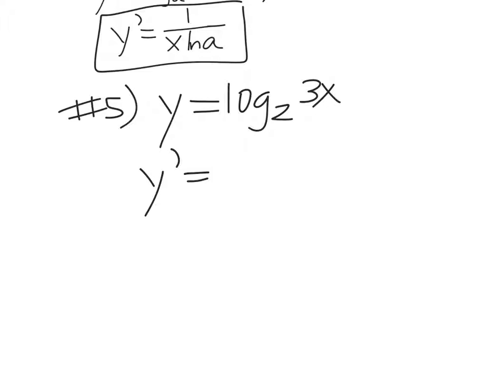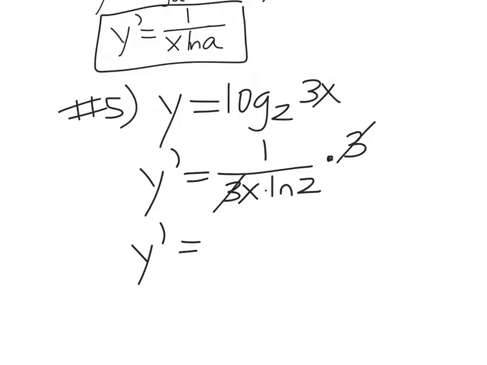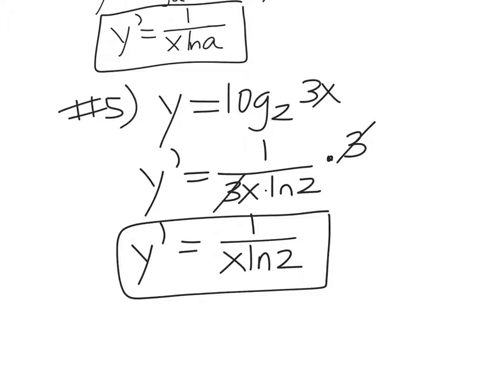So you would do 1 over 3x times the natural log of 2, and then times the derivative of the inner function, which would be 3. Then simplify. I've got a 3 here and a 3 there. And so this is 1 over x natural log of 2. There it is.